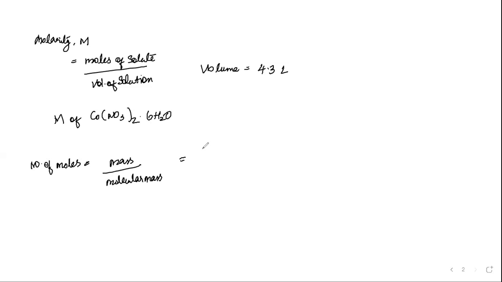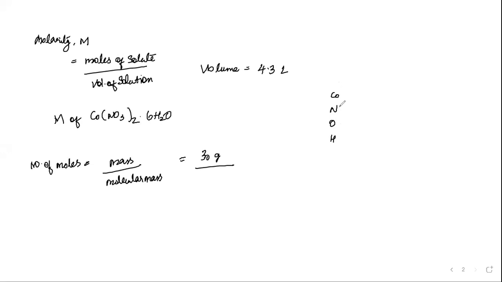What is the mass given? 30 grams of cobalt nitrate is there. Then what is the molecular mass? It is not directly given in the question, but you have to calculate it. For that we have to calculate the mass of cobalt, nitrogen, oxygen, hydrogen.